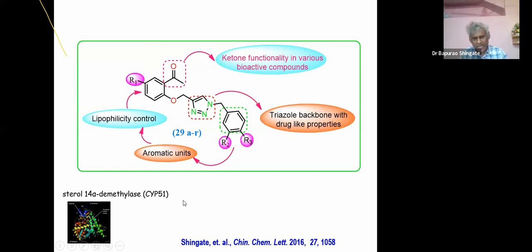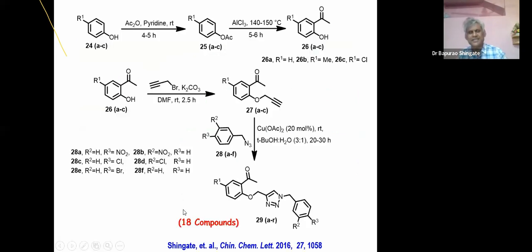enzyme. Okay, and accordingly we have synthesized the compounds from commercially available phenols, which on acylation followed by Fries rearrangement lead to the orthohydroxyacetophenone. One of the orthohydroxyacetophenones is commercially available, and we have made 2 orthohydroxyacetophenones by using Fries rearrangement.